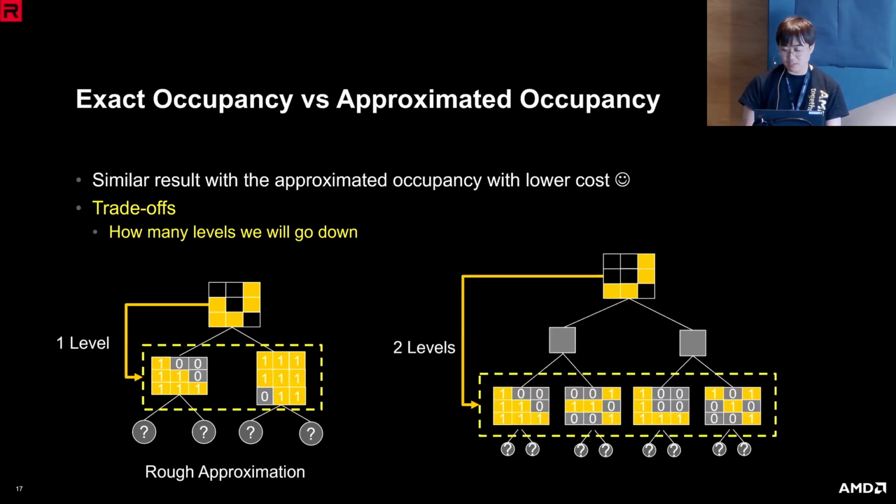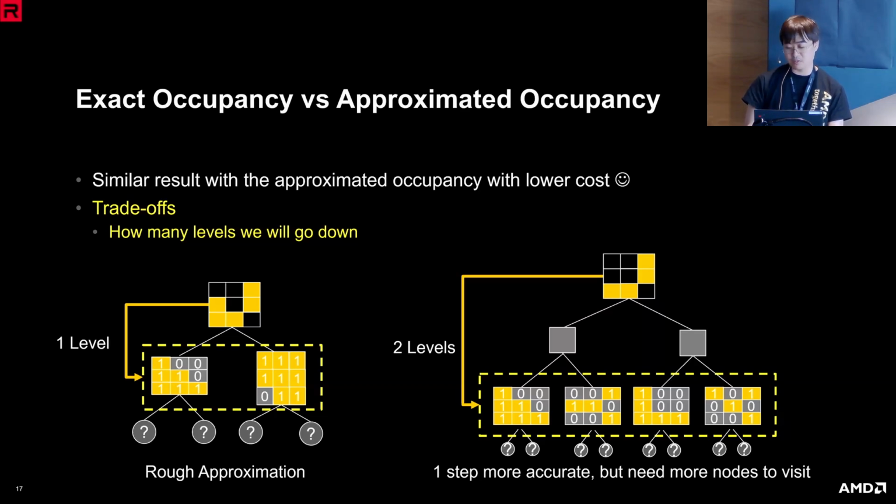On the other hand, on the right, box cells 2 levels below are used for the approximation as they have finer box cells, so it represents a more accurate occupancy, but needs more nodes to visit. We have a discussion about the trade-offs with measurements in the paper, so please check it for more details.